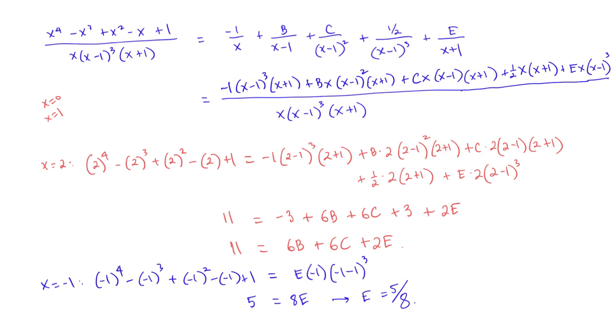To find the coefficient e, we cover the factor x plus 1 and we plug in -1, which is precisely this. If we were to plug in -1 while covering the factor x plus 1, we would have -1 to the fourth minus -1 cubed plus -1 squared minus -1 plus 1 over -1 times the quantity -1 minus 1 cubed, with this factor being covered.